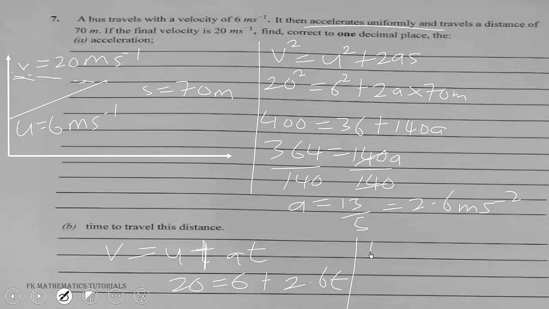So 14 will be equal to 2.6t. Dividing both sides by 2.6, we obtain t equal 5.3846. To one decimal place, we have t equal 5.4 seconds.